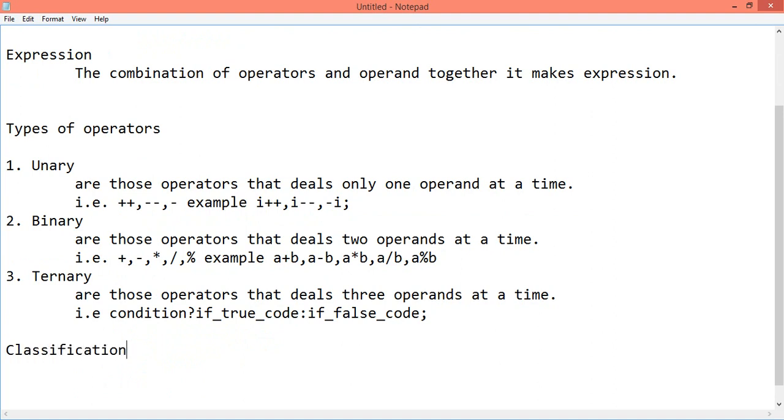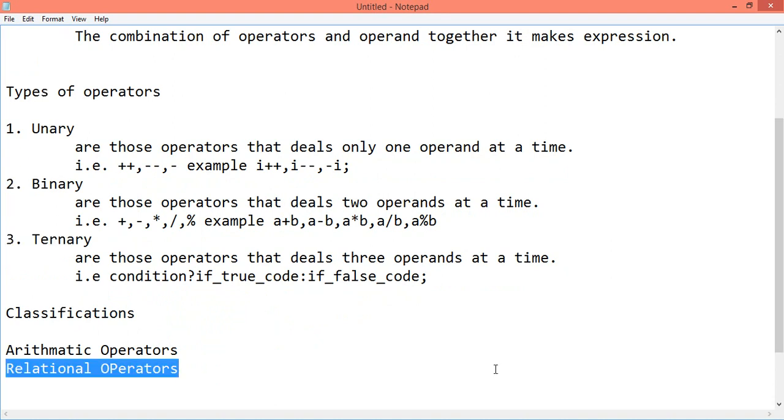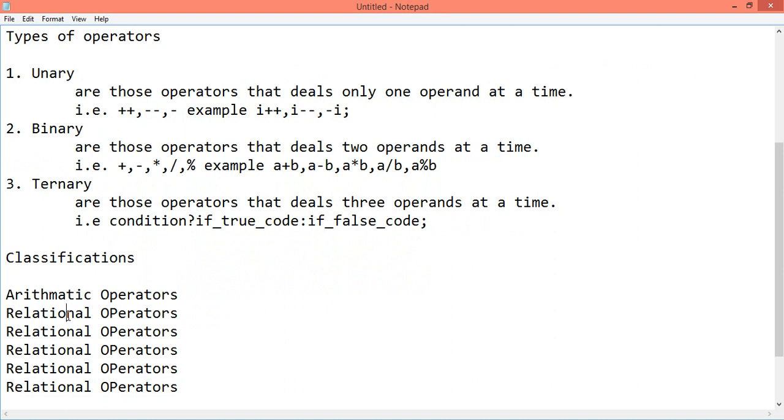Basically we have arithmetic operators, relational operators, logical operators, assignment operators, bitwise operators, and increment decrement operators.